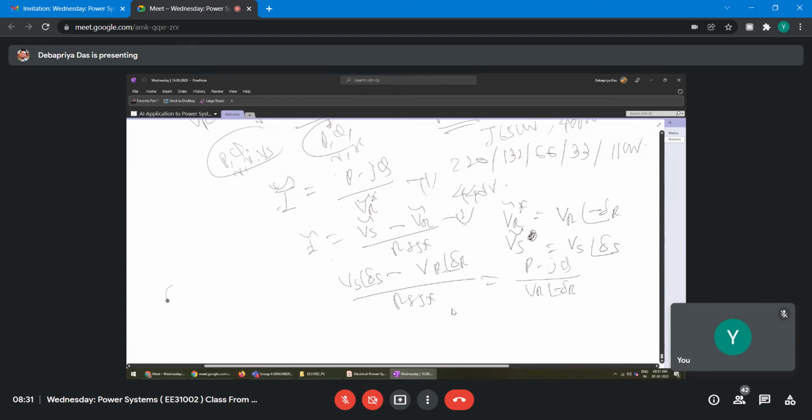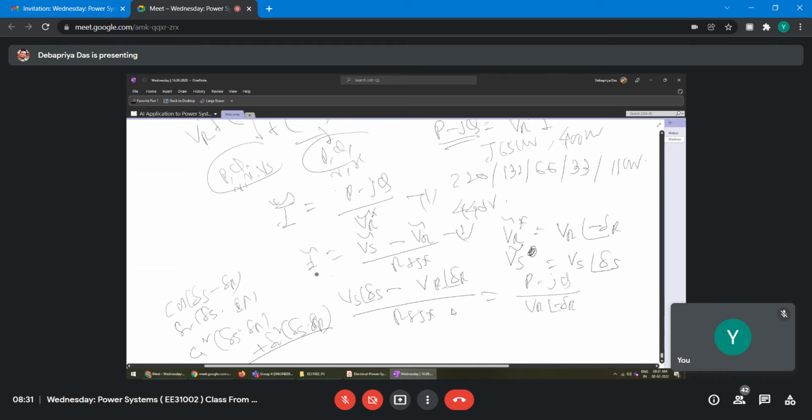So you have to eliminate cos of delta S minus delta R and sine of delta S minus delta R. So what you will do: cross multiply, then separate the real and imaginary parts. After that, take the square of both sides such that cos square of delta S minus delta R plus sine square of delta S minus delta R comes to one side, so it should be 1, such that the delta will be eliminated. This is a hint.